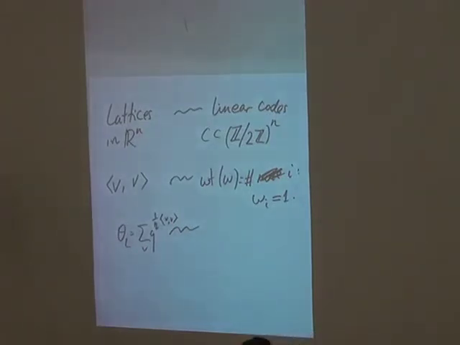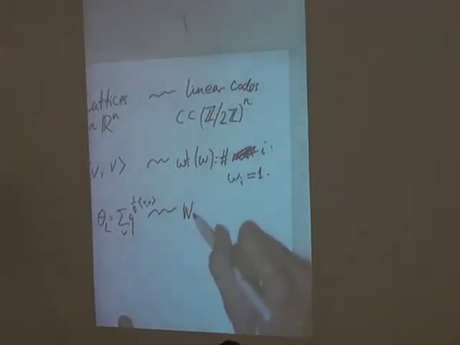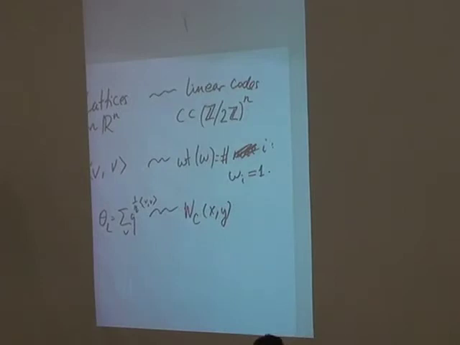Here we have a generating function for the weights that's usually expressed as the weight enumerator of the code, which is a homogeneous polynomial of degree n in two variables. And so that's equal to the sum over code words of x^(n minus the weight) times y^(the weight). So each coefficient of this tells you how many words there are of a given weight.